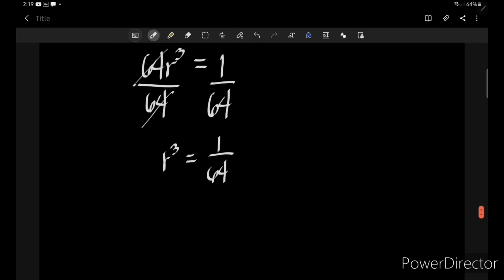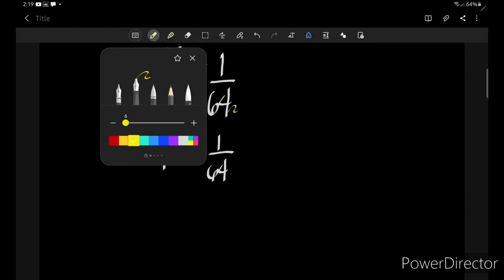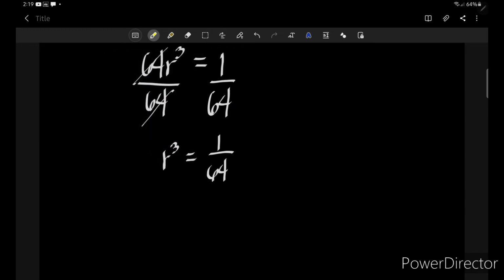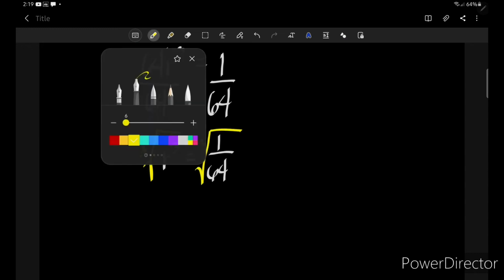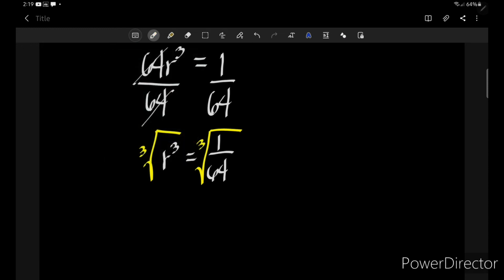Now, to get the value of common ratio, the final process is to get the cube root of both sides. Cube root of r cube will turn into r.